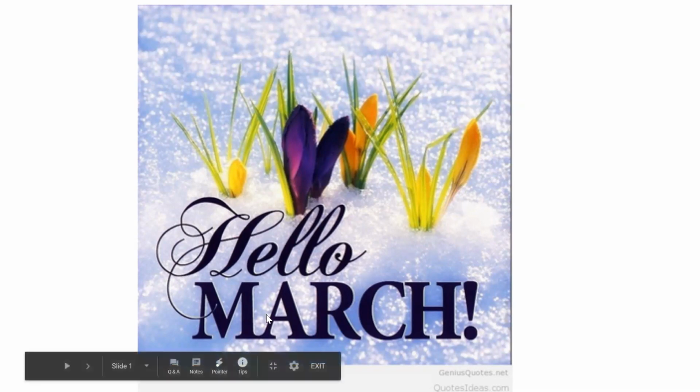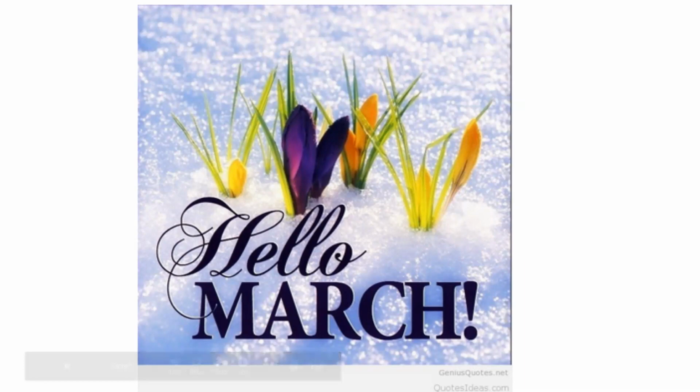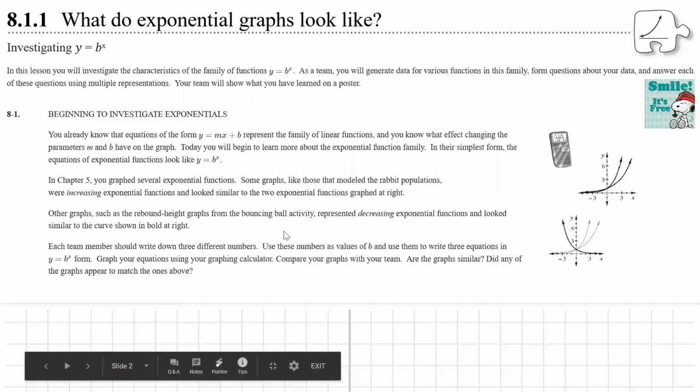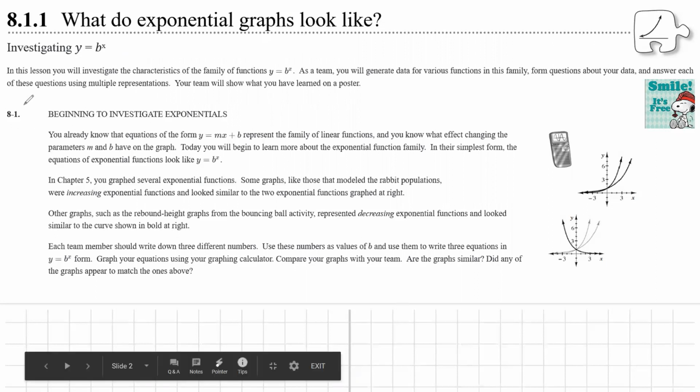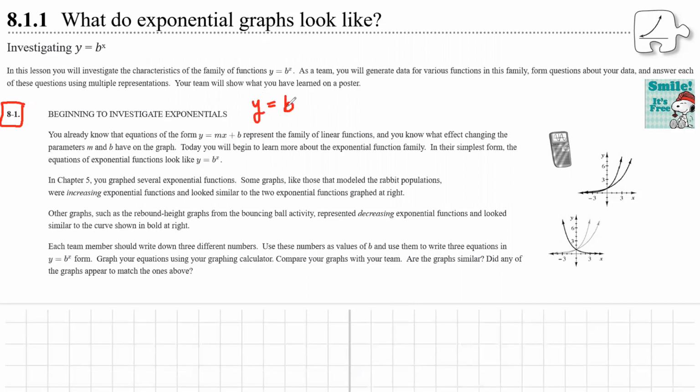Advanced slide. Okay, it's making me use the controls. Okay, number 1 here. Let's investigate y equals b to the x. What do exponential graphs look like? Okay, so let's write this down for 8.1. We have an exponential graph, y equals b to the x power, like this, right?